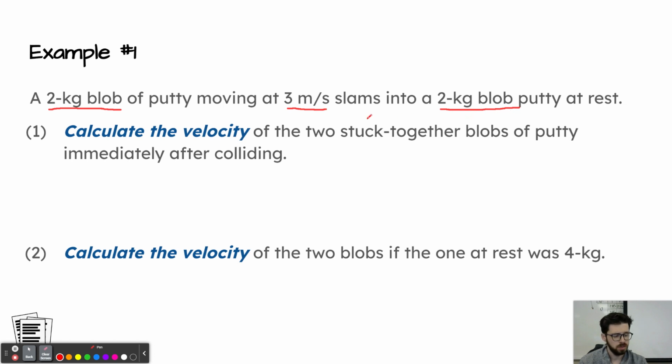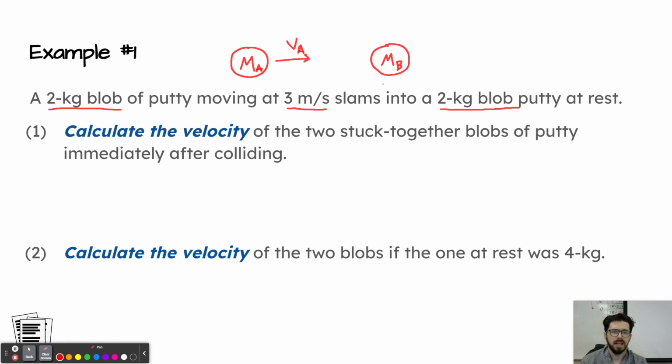Let's make sure that we understand this scenario. We have a blob, so let's draw blob A. This is going to have a mass, let's call it MA, and it's moving along at velocity VA. Next, we're going to have another, similar blob, and that's going to be MB.